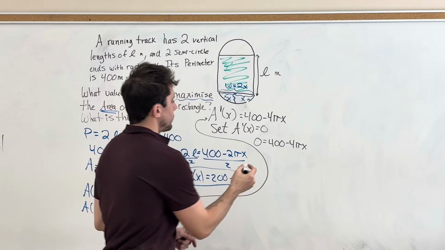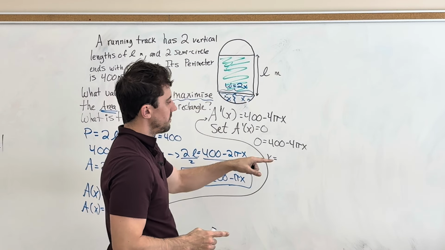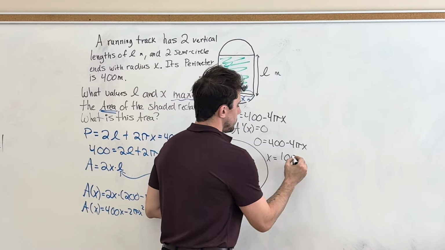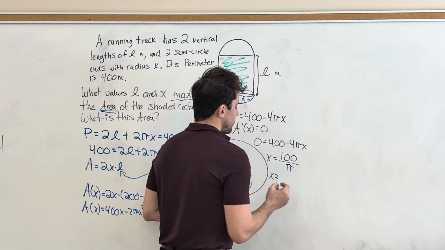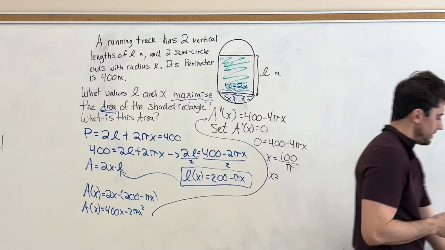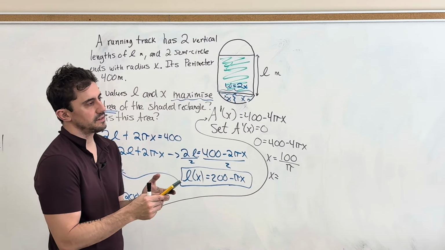And quick algebra finds us that x is going to be 100 over pi. And so x is roughly, let me use a calculator here, 100 over pi. What is that going to be?